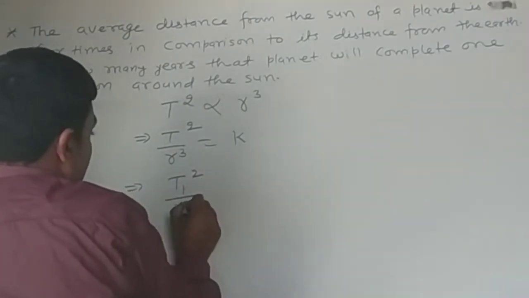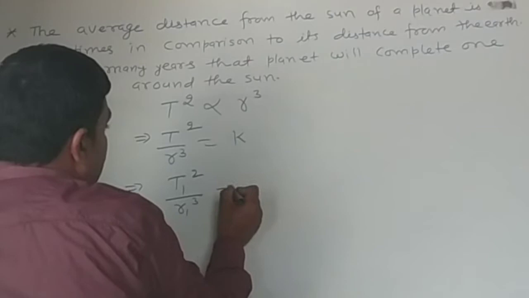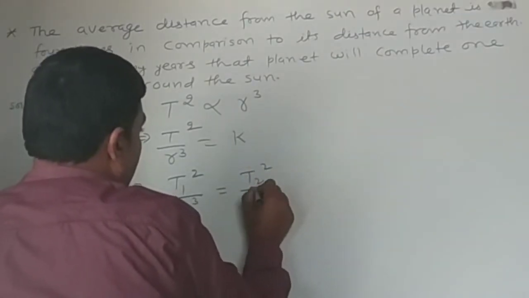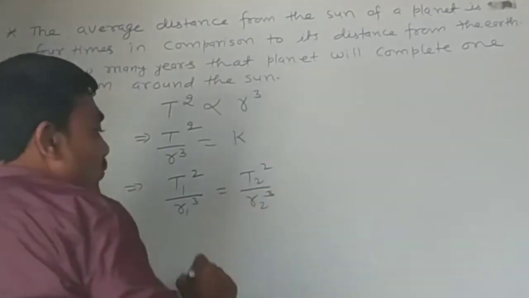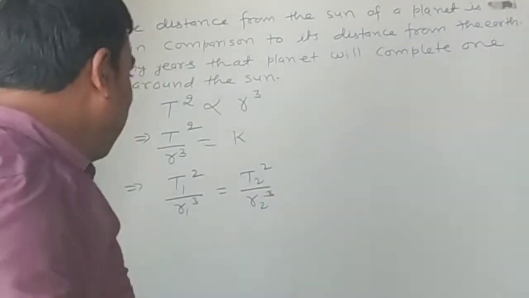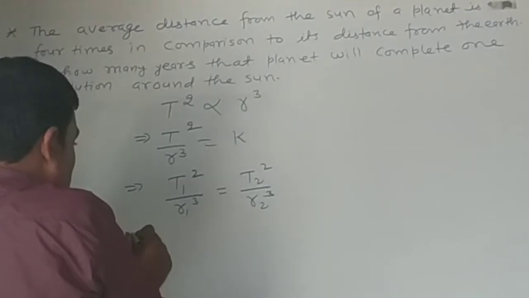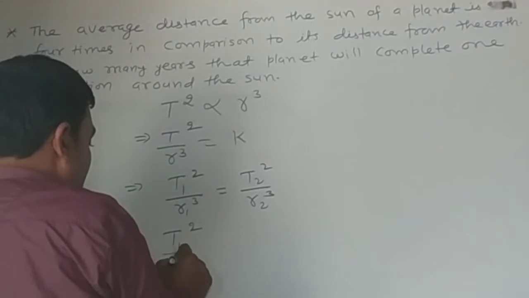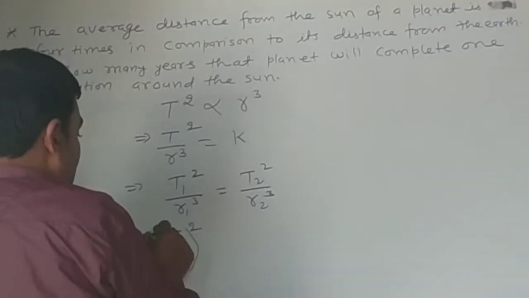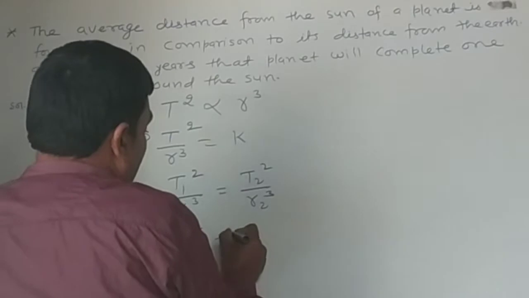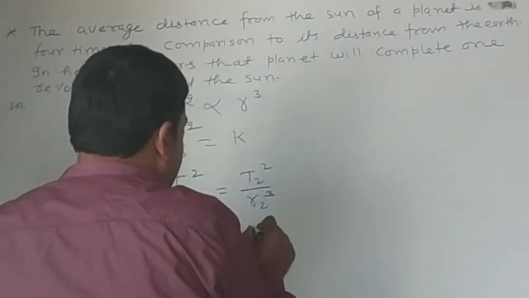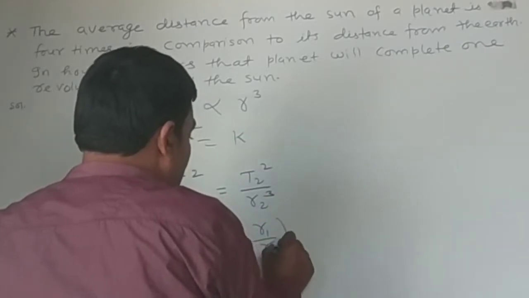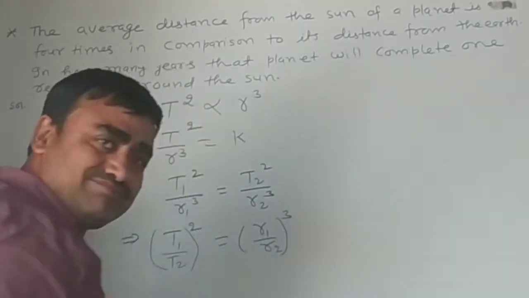T1 square upon R1 cube is equal to T2 square upon R2 cube. It can also be written as (T1 upon T2) whole square equal to (R1 upon R2) to the power cube.